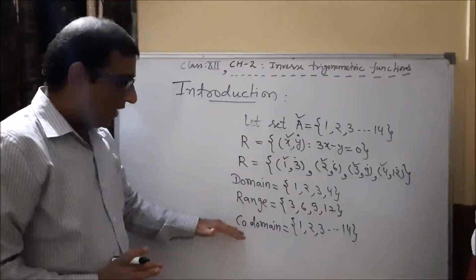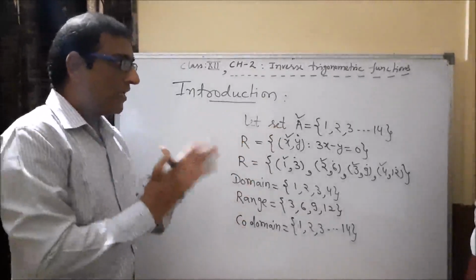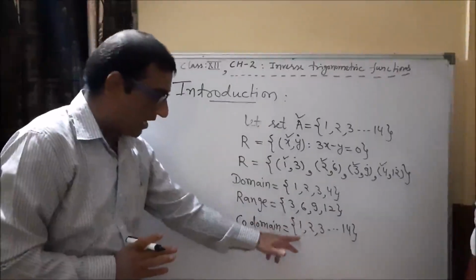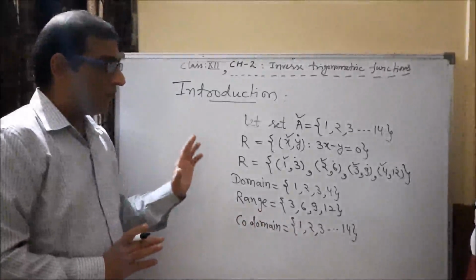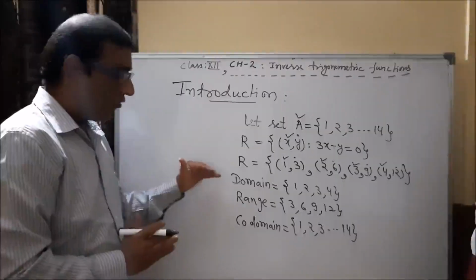And what is codomain? Codomain includes range as well as set A. So what is given in set A? 1 to 14. So I hope with the help of this example you will find the domain and range very easily.